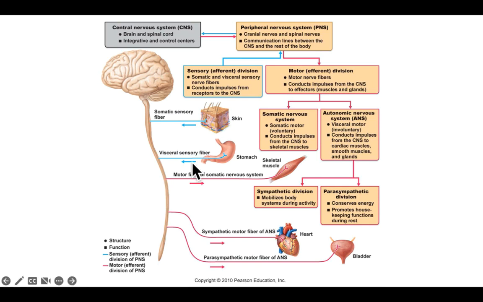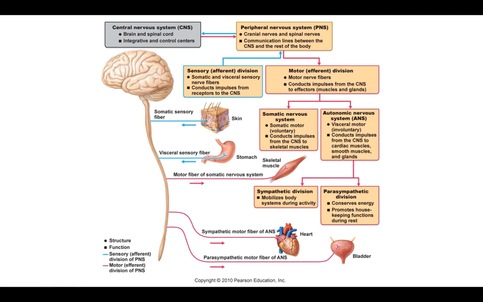And then here is an example of a visceral sensory fiber. So that's going from your stomach. Remember, visceral's internal organ. So we just show here that information goes into the CNS for interpretation. So notice this blue is going into the CNS, and again, it can use cranial nerves or spinal nerves.